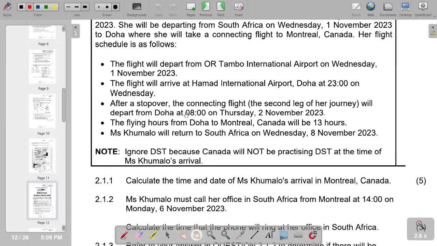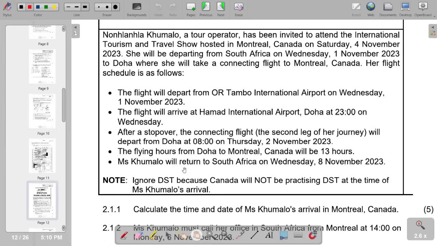So the first question reads: calculate the time and date of Miss Kumalo's arrival in Montreal, Canada. So we refer back to the information given. According to the information that we have, we are told that the flight will arrive at Hamad International Airport, Doha, at 2300 hours on Wednesday.